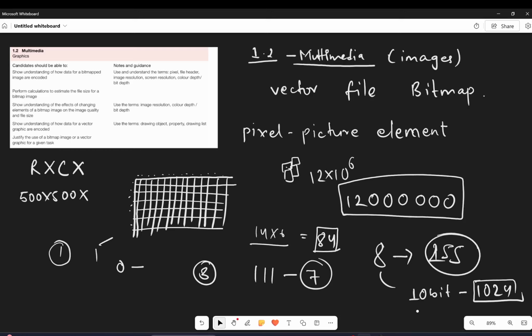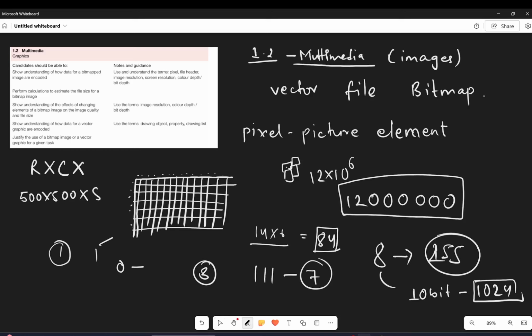When you're using a vague term, you use bit depth. So bit depth could represent the depth for sound, audio, video, image. Color depth is bit depth, but it's specific to images only. That's the difference between color depth and bit depth. It's the number of bits used to represent a color.